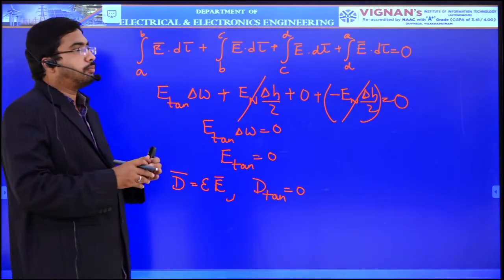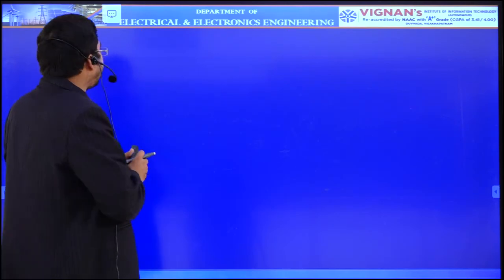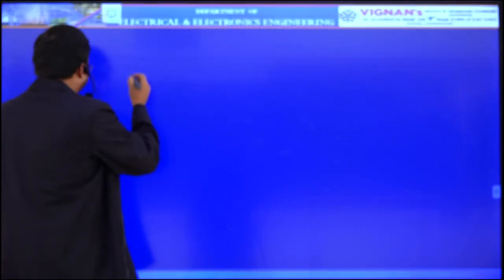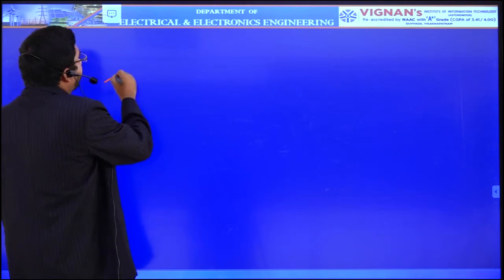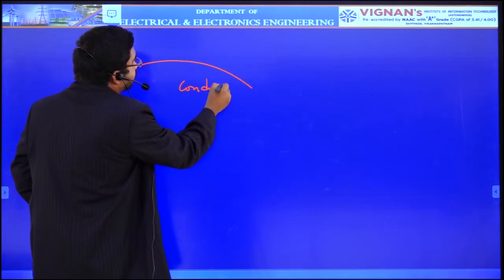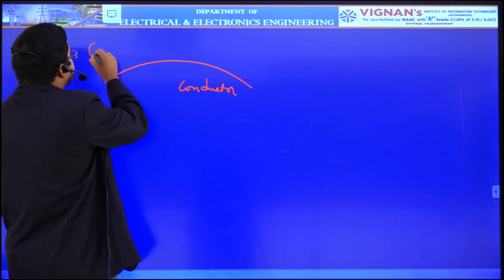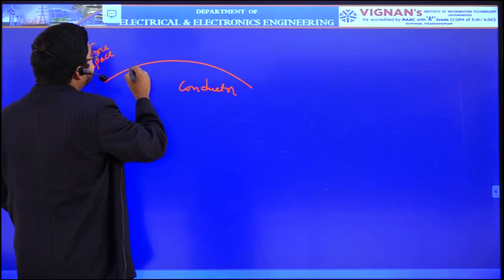Let us go to the next part, where you have considered a Gaussian surface. So at the boundary between the conductor and free space, how are you taking the D direction?